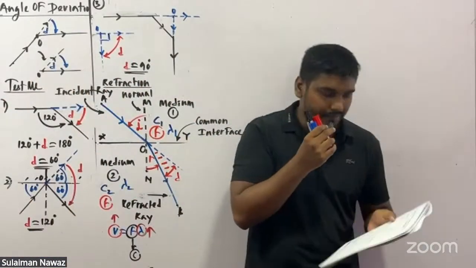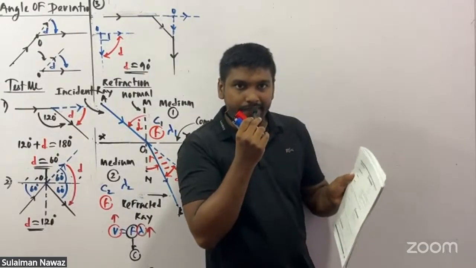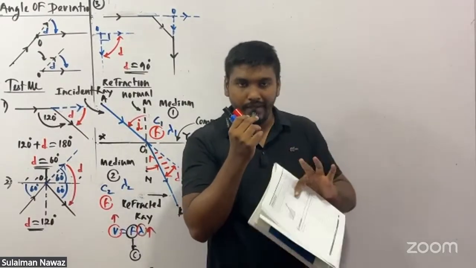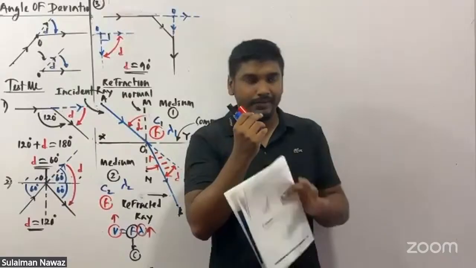Now we were writing about medium 1, the medium where the incident ray exits, or the medium where the light ray enters at first.